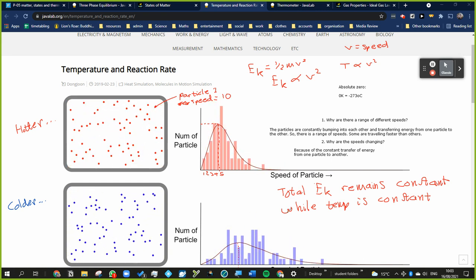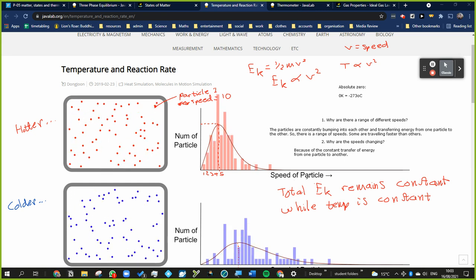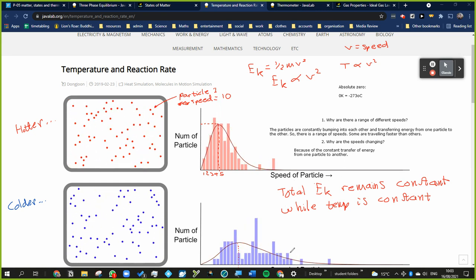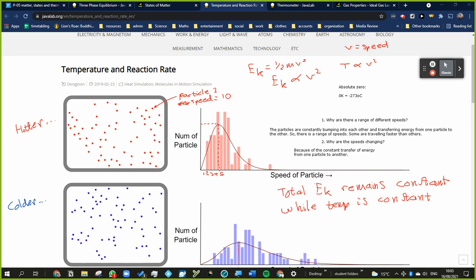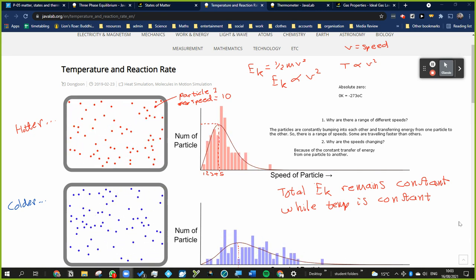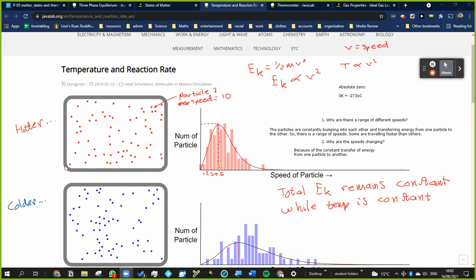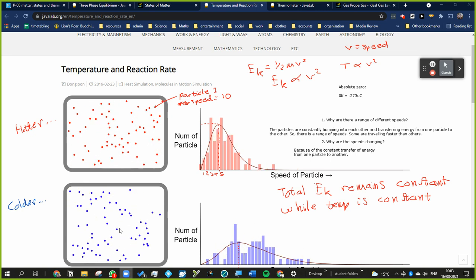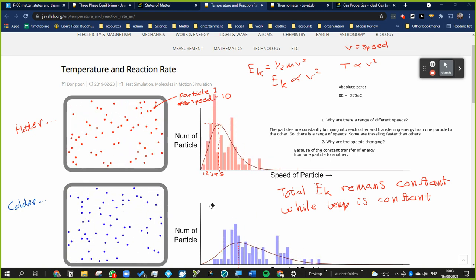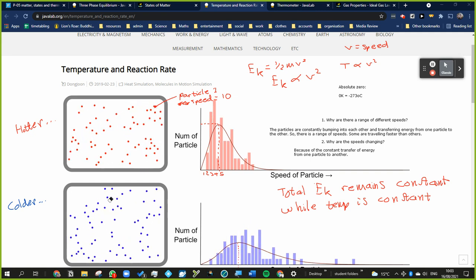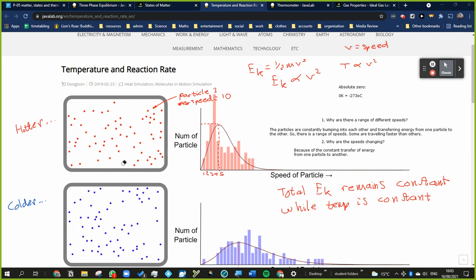I wonder if the speed of the particle is going from left to right. I think this must be a little bit more confusing. Have I got this wrong way around? Oh, I've got this wrong way around. It's because that's blue and that's red. If you have a look, the blue particles definitely look faster than the red particles, don't they?